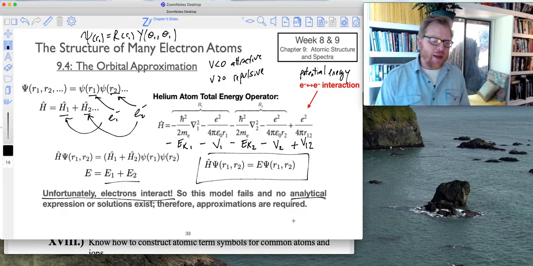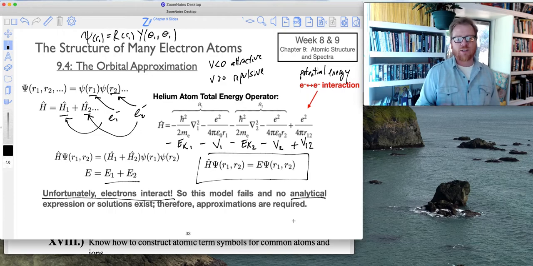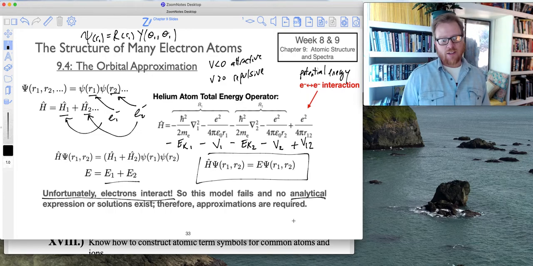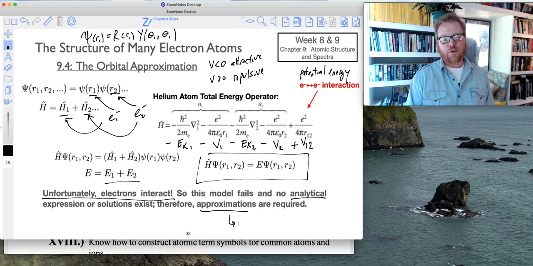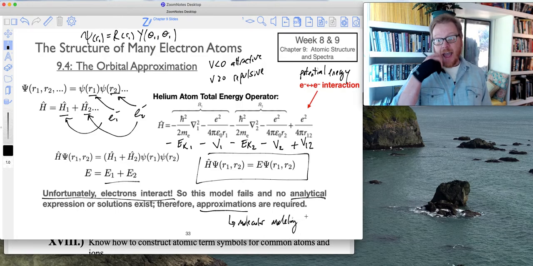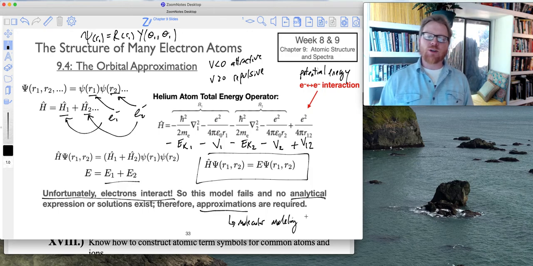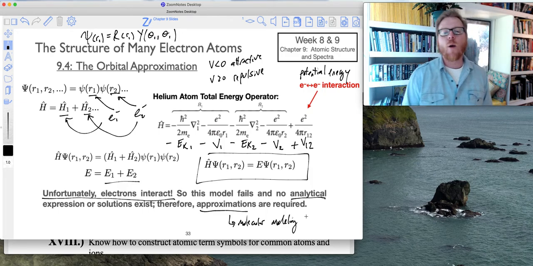And we're not going to spend a whole lot of time in this class going through those approximations because that's where the entire field of molecular modeling is born. When we get into chapter 10, when we start talking more about molecules, I'll mention a few of these methodologies. If you took molecular modeling, Chem 330 with Josh Smith, you talked about density functional theory.